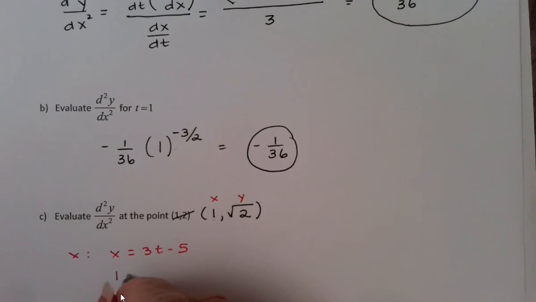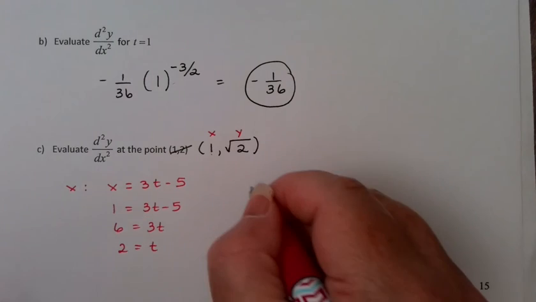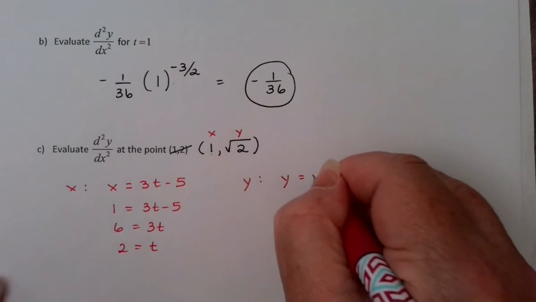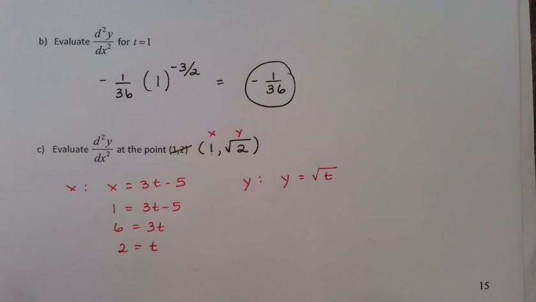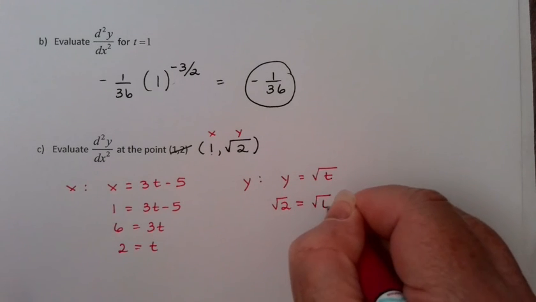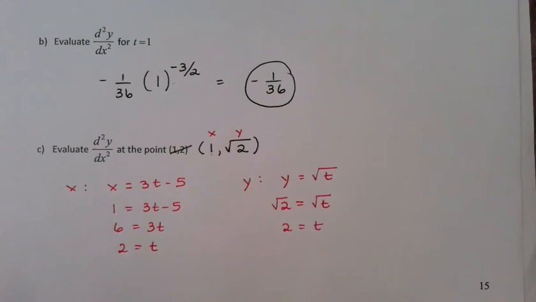So if x is 1, I'm going to get 2 for t. Our y equation, again back up at the top of the problem, was y equals the square root of t. So if I put the square root of 2 for y, again, if you just square both sides, it's clear that t is 2. So I'm now going to evaluate my second derivative for t equals 2.